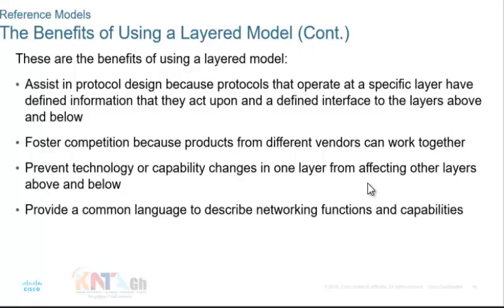Layered models also foster competition because products from different vendors can work together. They also prevent technology or capability changes in one layer from affecting other layers above and below. And they also provide a common language to describe networking functions and capabilities.